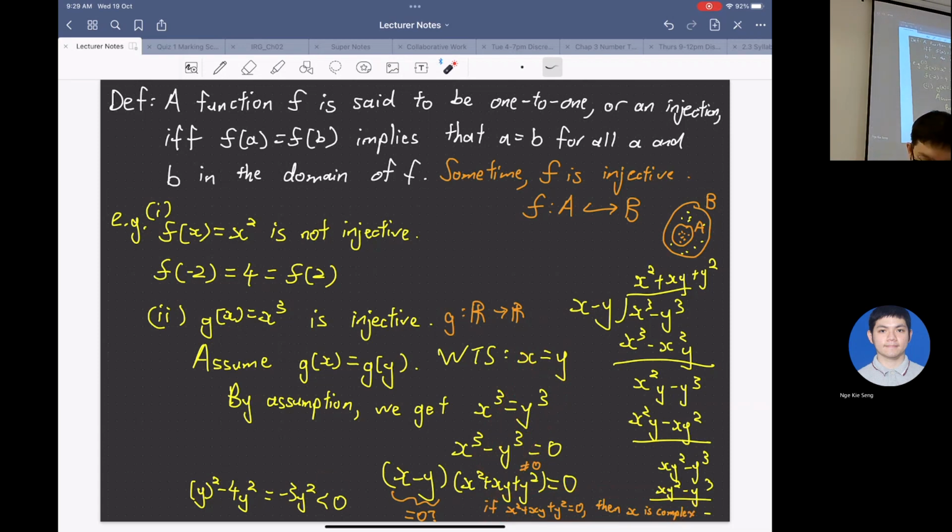Because we find the discriminant is less than zero. And so for this equation to be true, this factor here has to be zero. So if this factor is zero, then x minus y equal to zero, then x equal to one. Okay, very good.